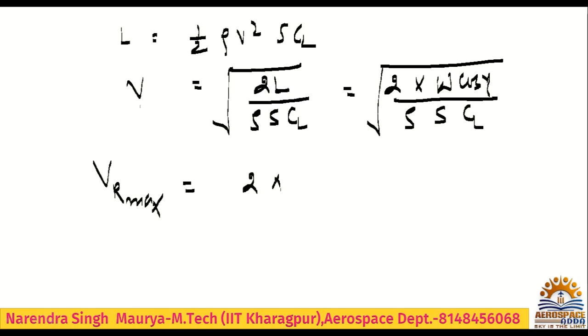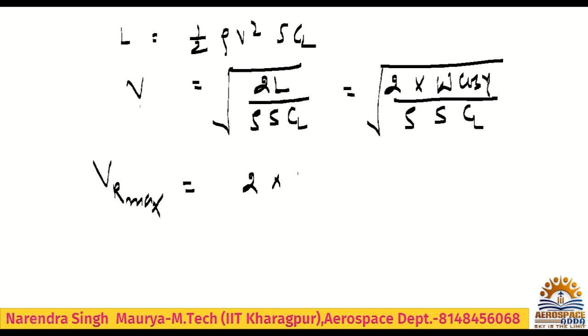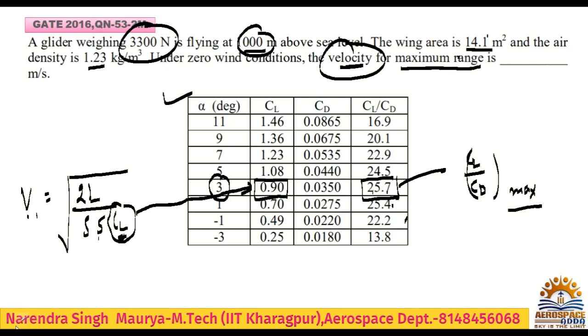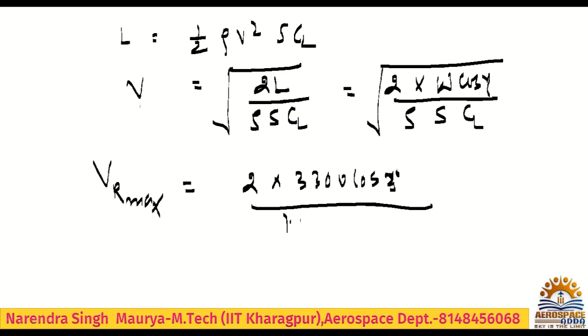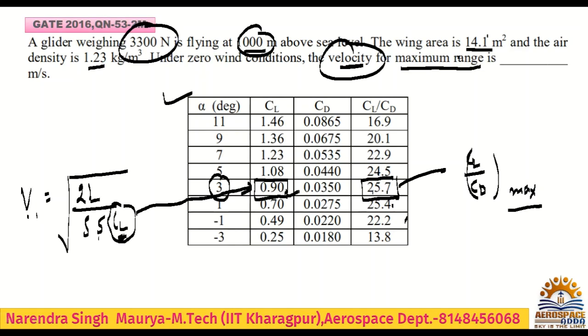So you can write 2W. Weight is 3,300, cos of the gliding angle 3 degrees, divided by density 1.23, and area 14.1, and CL, as you have seen, is 0.9. Hope you understood how to use this table.